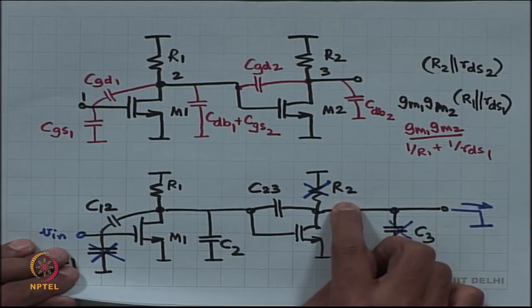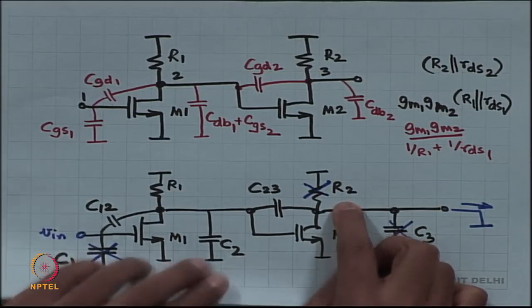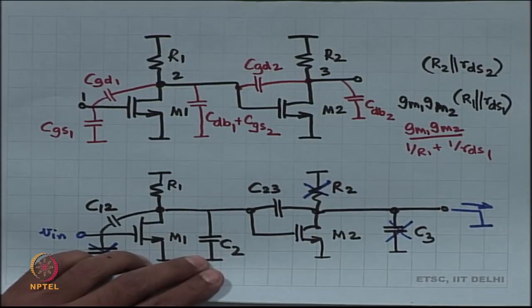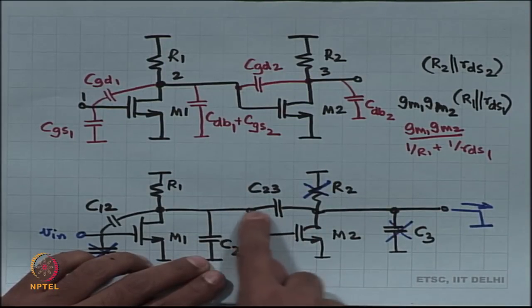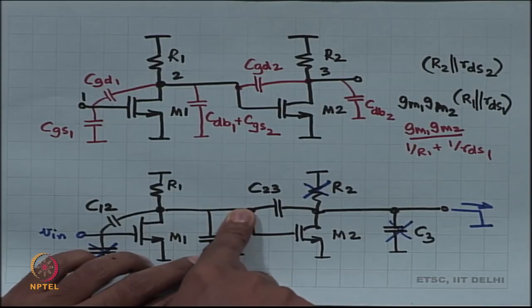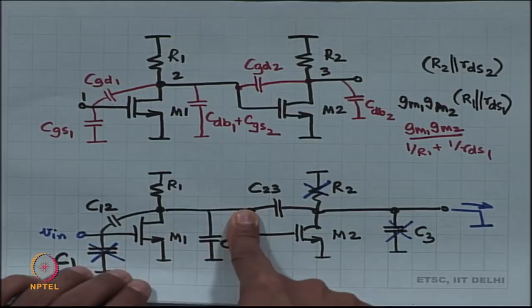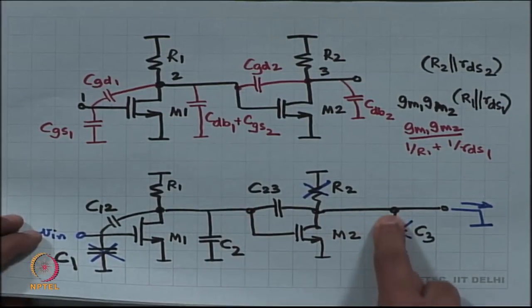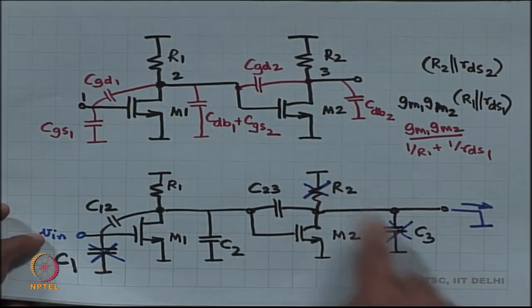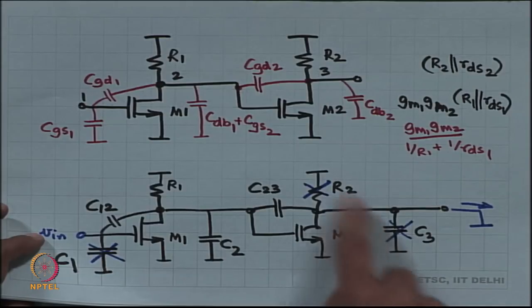I keep that first stage and I am applying voltage at the output and trying to figure out what is the current coming in. So, here I am not going to look at the 0, this node is an unknown voltage, right. So, there is going to be a pole because of this node, or 2 poles because of this node, alright. And then I have got R2 and C3, they are going to contribute a pole, right.